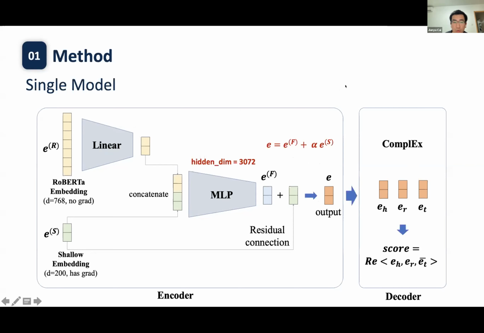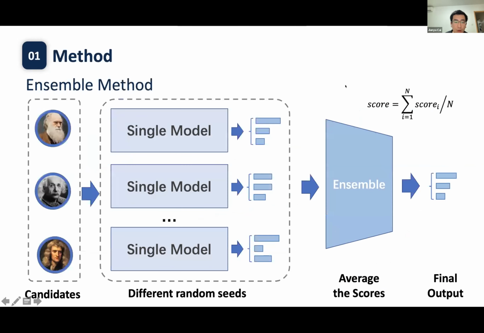After we have designed a single model, we ensemble several single models to obtain an ensemble model. For a given set of candidates, we train the single models with different random seeds, so we may obtain different results from different single models.